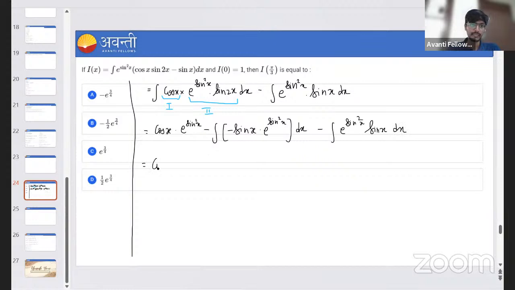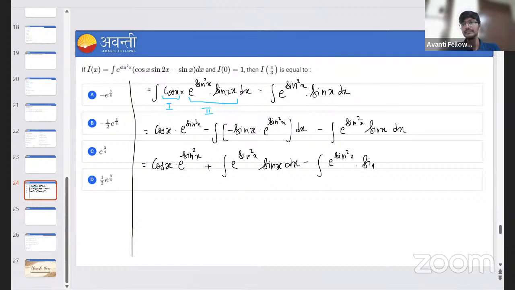So what I'll get? I'll get cos x into e raised to sine square x minus minus will be plus integration e raised to sine square x into sine x dx minus integration of e raised to sine square x into sine x dx. Now these both are same, so this will get cancelled.